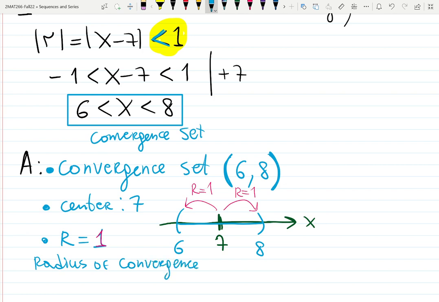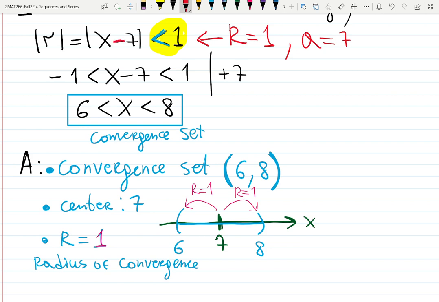The other way to see the radius is from this notation, R is 1. The moment you set the absolute value of x minus 7 to be less than 1, that tells you the step right away. Moreover, it tells you the step and the center, like so, right away.